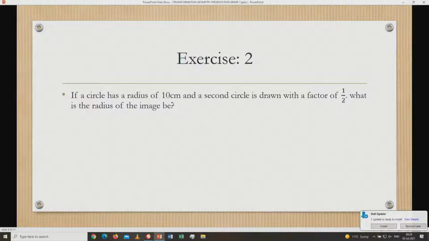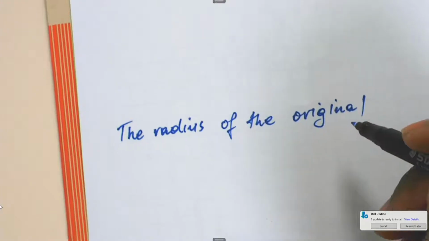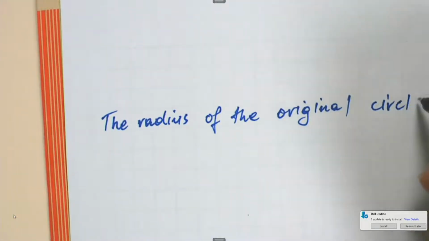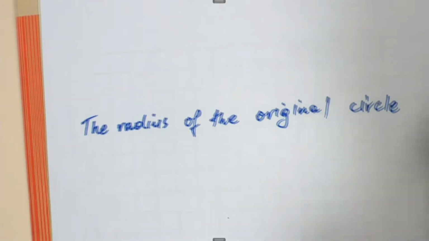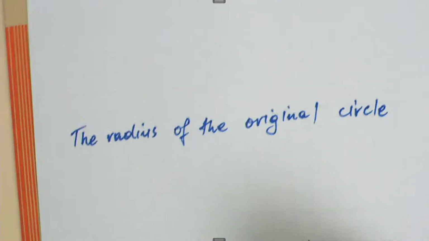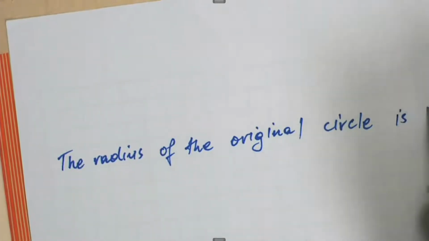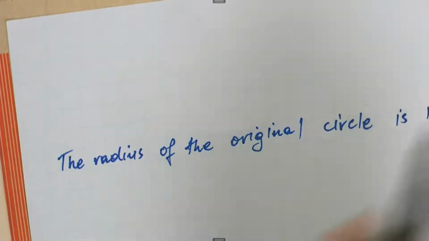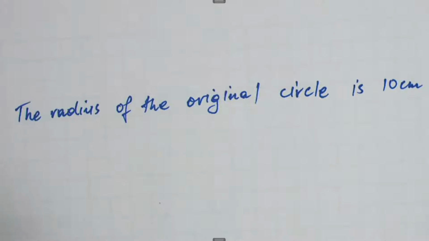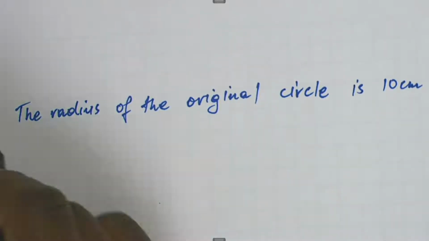The radius of the original circle is 10 centimeters. Now they are asking us what will be the radius of a smaller circle, or the image B, if the scale factor is half.